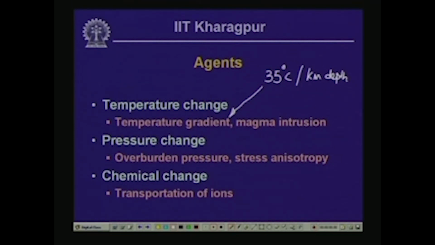Then chemical change could also be an agent of metamorphism, and chemical change is often triggered by the temperature change and pressure change, or it could be because of dissolution of rock minerals.